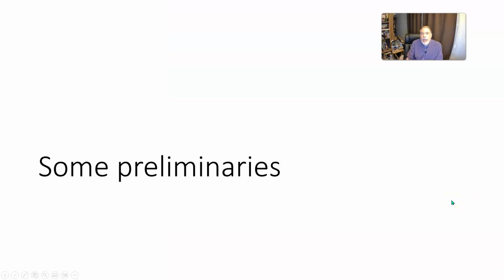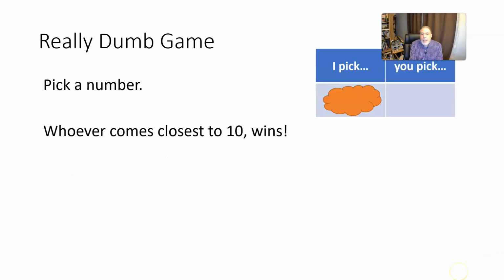Now, before I explain the definition itself, some preliminaries, some warm-up exercises. So let's play a really dumb game. The way this game works is we each pick a number, and whoever comes closest to 10 wins. So I'll pick a number, you pick a number, and whichever one of us gets closest to 10 is the winner of this dumb little game.